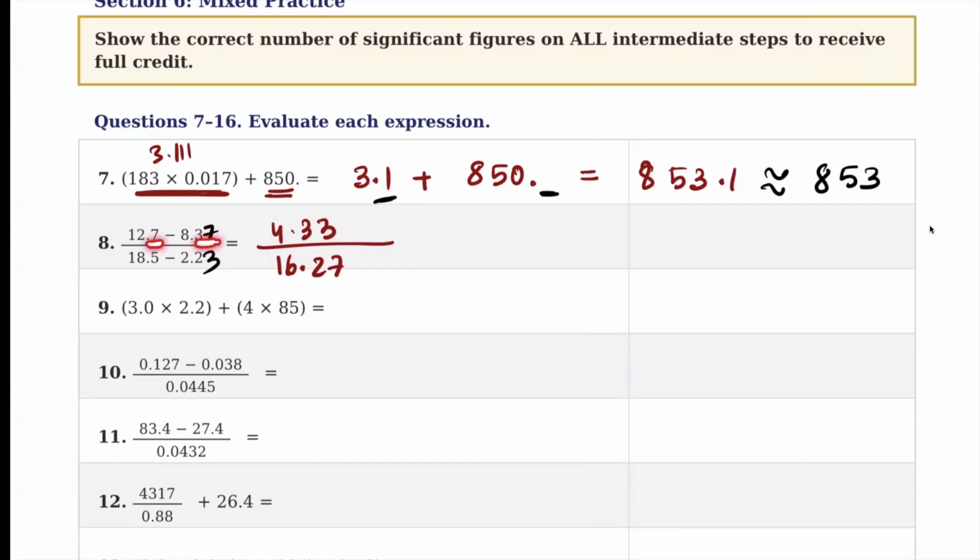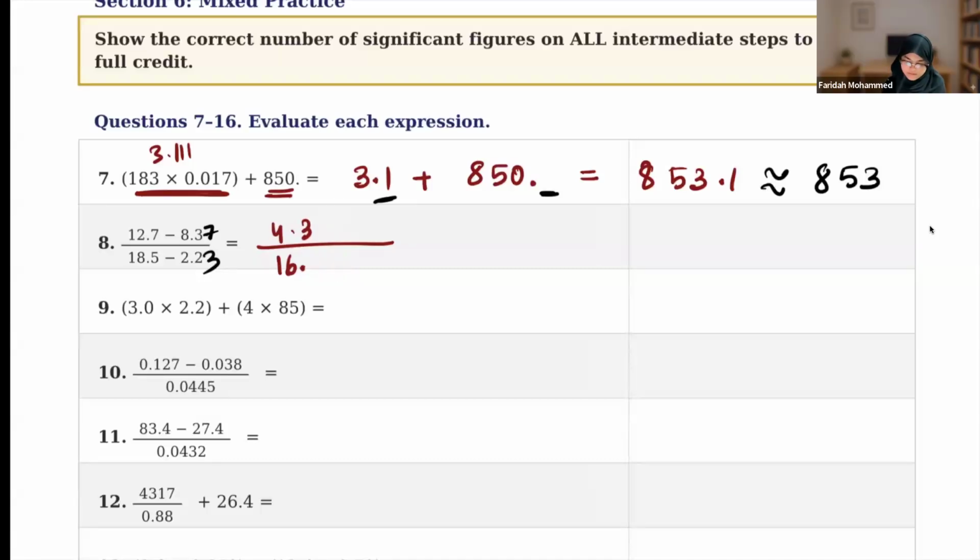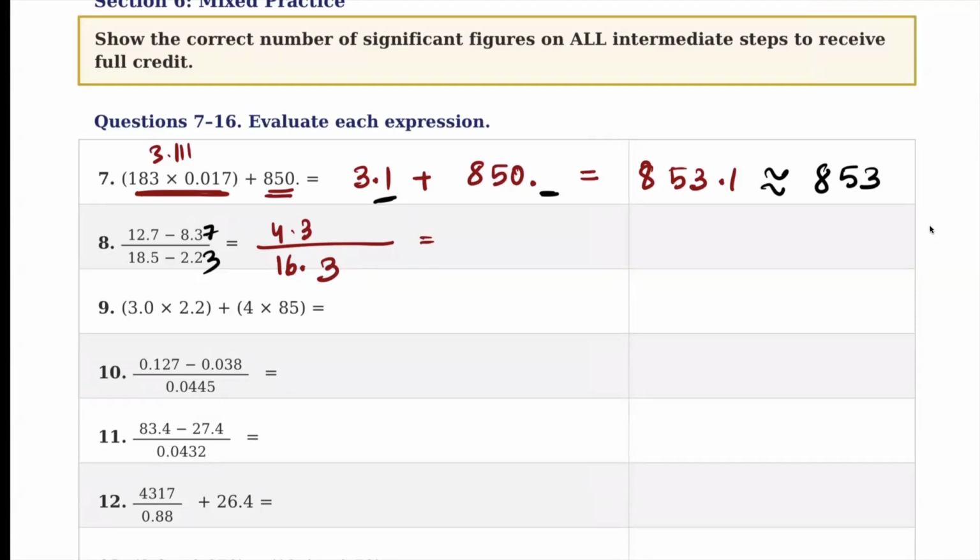So 4.3 and 16.3. Good. And then now you do the division with these new numbers. And I got 0.26, but that would be rounded to 0.3.